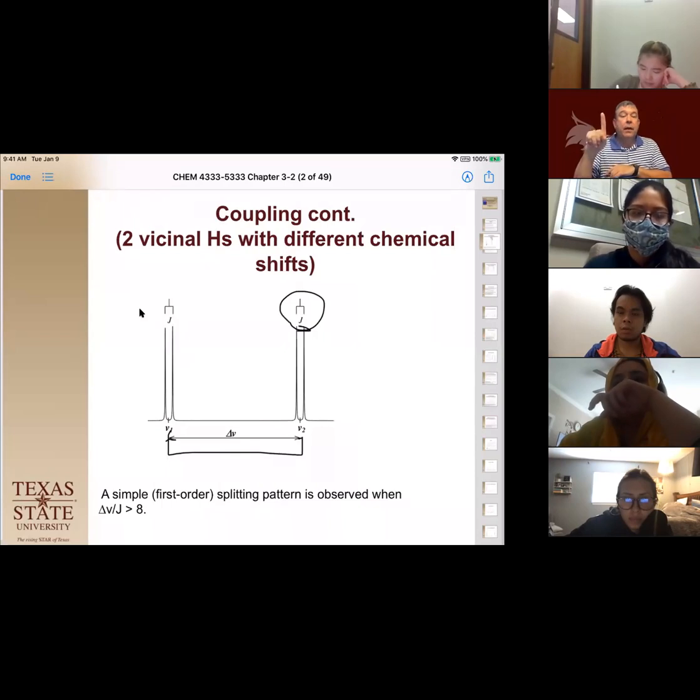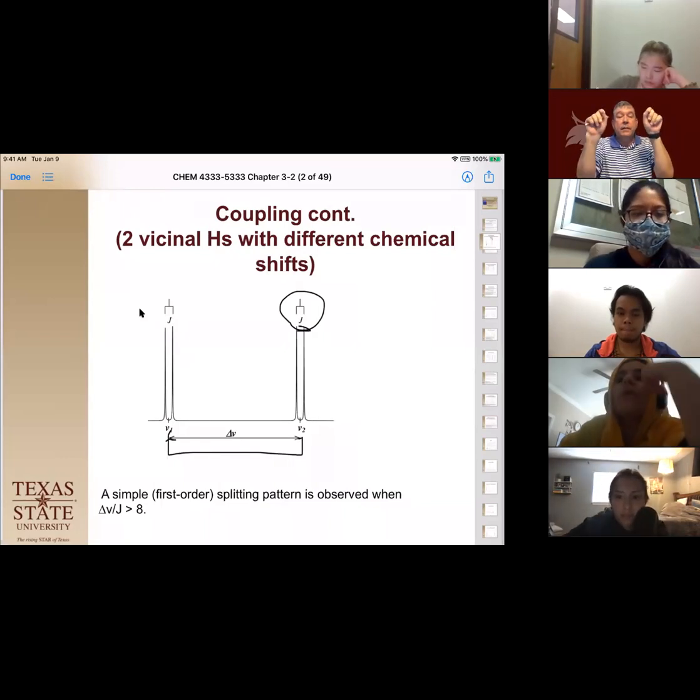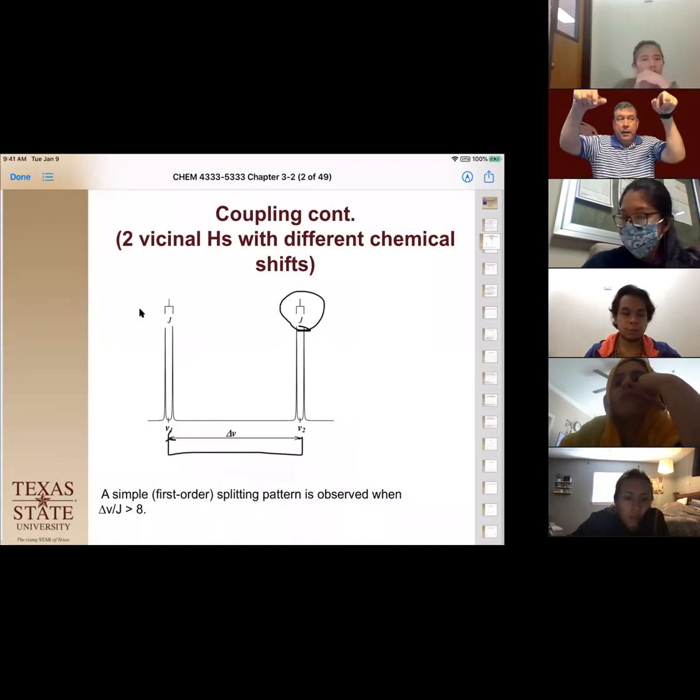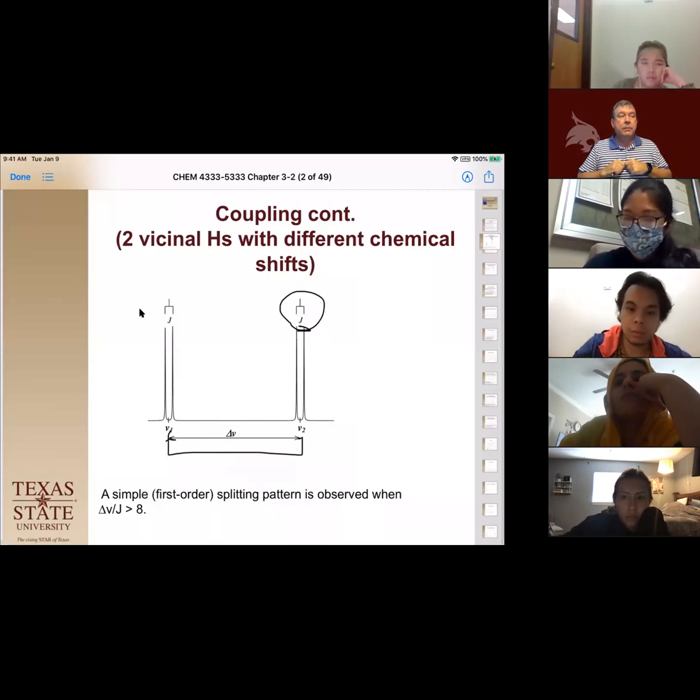This means you have 1 hydrogen here and 1 hydrogen here, and they're different from each other, and they only have 1 hydrogen each. So these are splitting each other. So I have peak 1, peak 2, and the fact that they are in that configuration gives us the same coupling constant for those 2. So 1 is one of the hydrogens, 1 is the other hydrogen, and then these are splitting each other by the J. Does that make sense?